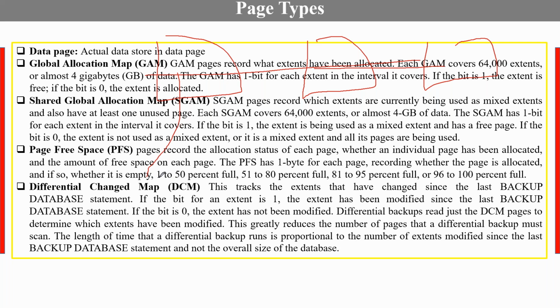When you take the differential backup, it will scan the DCM page and collect the extents affected after the full backup. It won't take the complete database backup, just the extents affected after the full backup, using the DCM page.